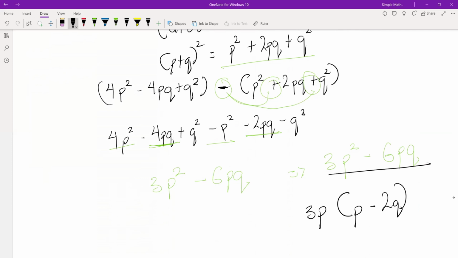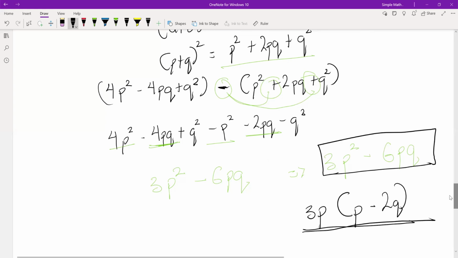This answer is fine, but if they wanted you to factorize, this would also be the answer. I want you to consider all your options when you're doing things like that. That's why I chose not to put options. So you can have it like this, or if they wanted you to factorize, it will be like this.